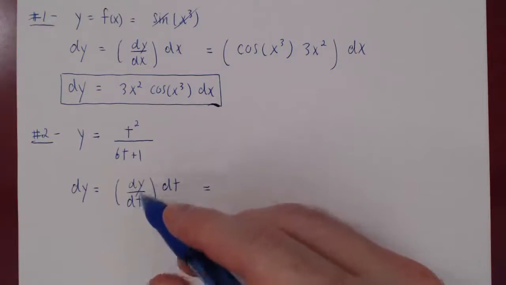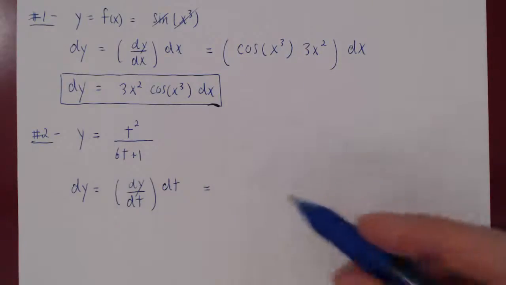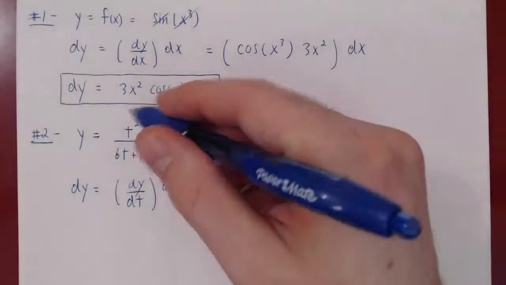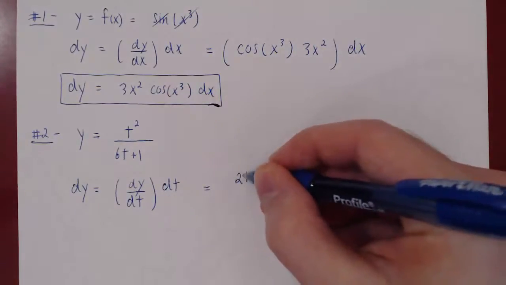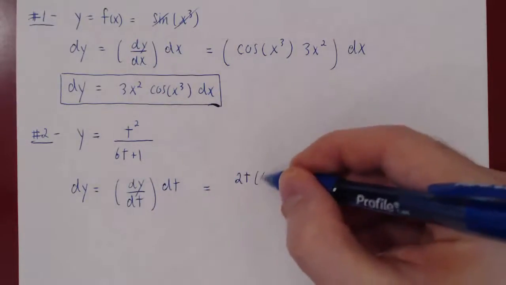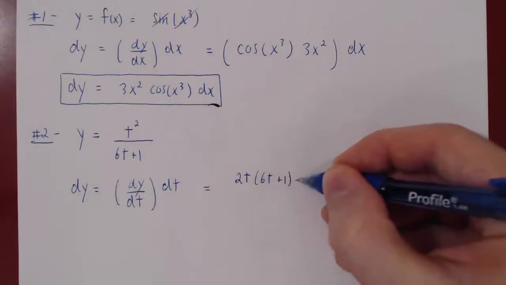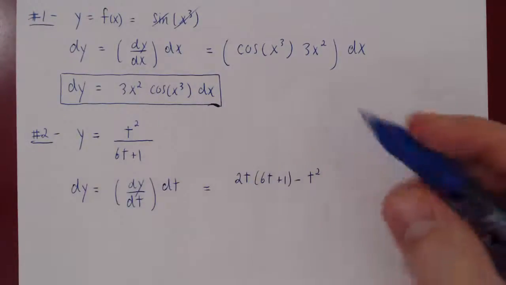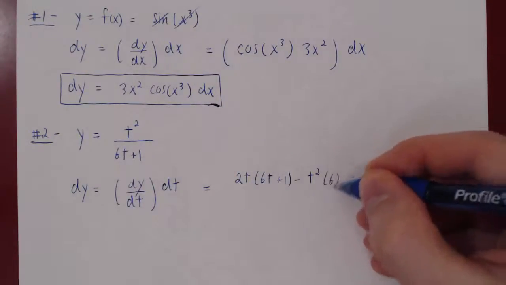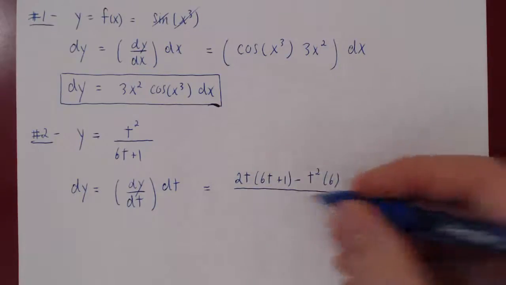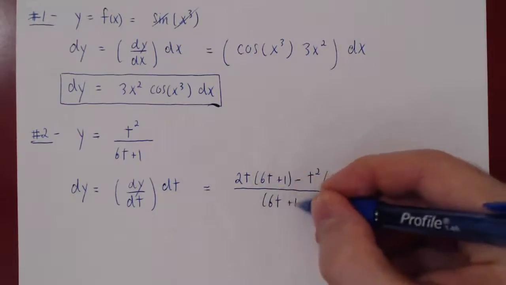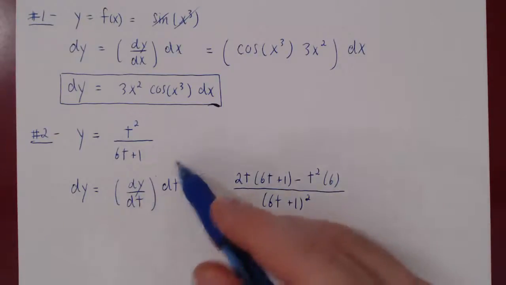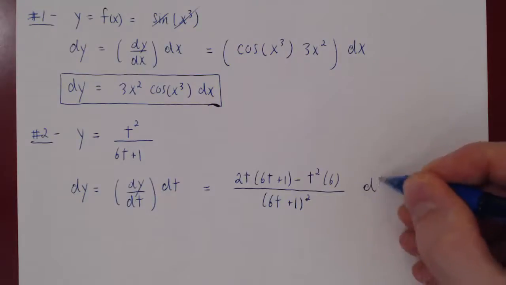Well, dy over dt is the derivative of y with respect to t. We have a quotient. We use the quotient rule as always. Derivative of t squared, 2t, times 6t plus 1 minus t squared times the derivative of 6t plus 1, which is 6, over 6t plus 1 all squared. And that's the derivative of y with respect to t, and the whole thing is times dt.